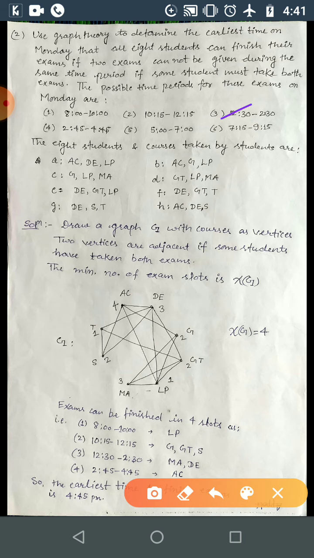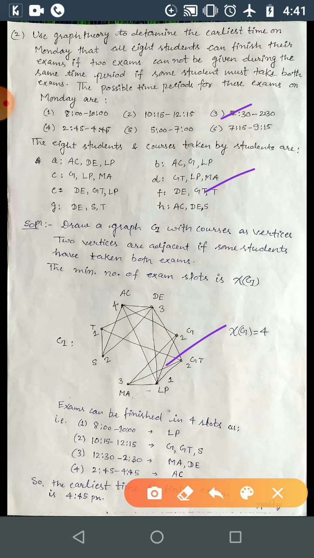So we want to minimize the time so that the exams can finish at the earliest. Okay, so this can be done by using graph theory. First draw the corresponding graph and then find the chromatic number. That will give you the exams having a common student put in different slots.